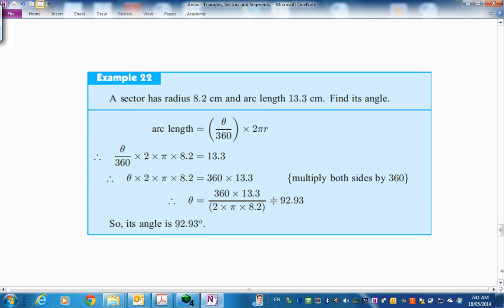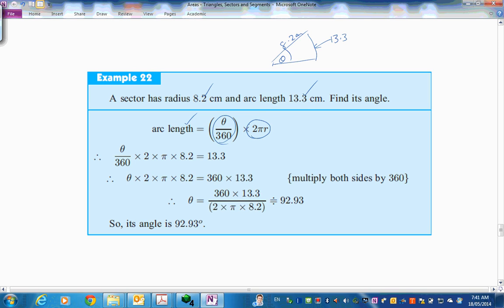Here, a sector has a radius of 8.2 and an arc length of 13.3. So it's looking a bit different now. We don't know its theta, radius 8.2 centimetres, and this is 13.3. So what's the formula? The arc length is this fraction of the circumference. So let's put the numbers in.